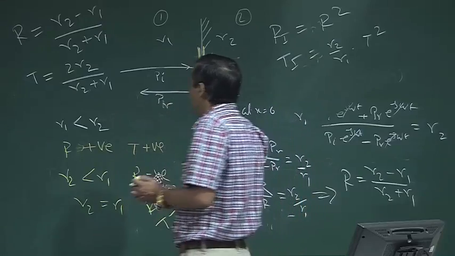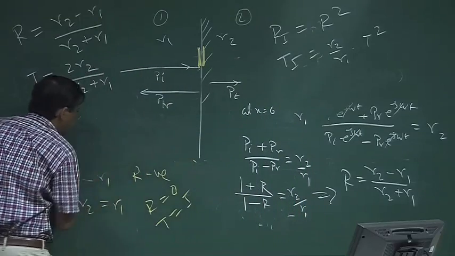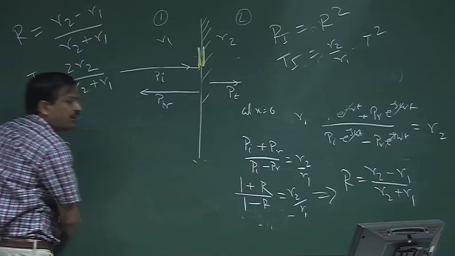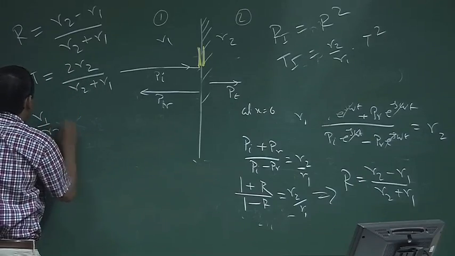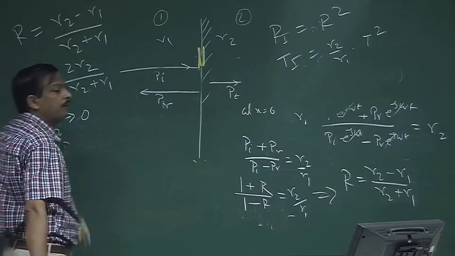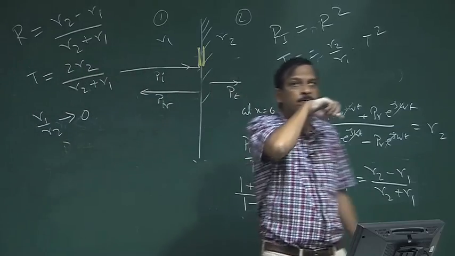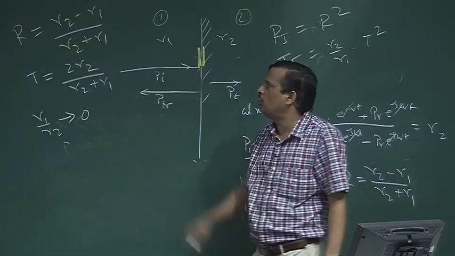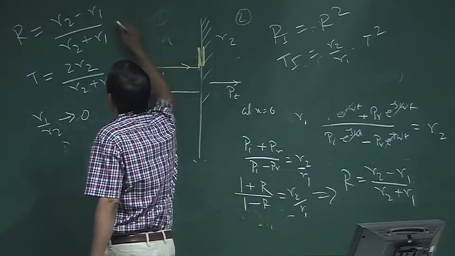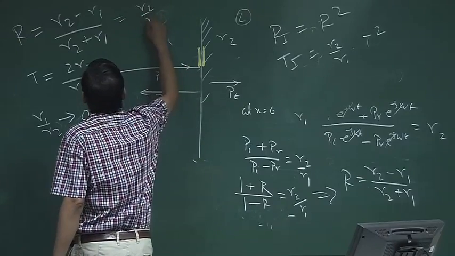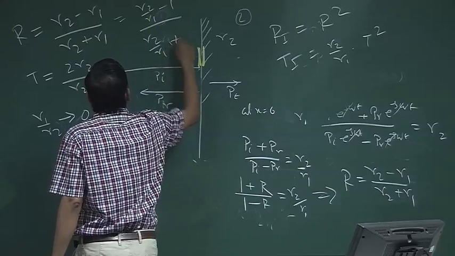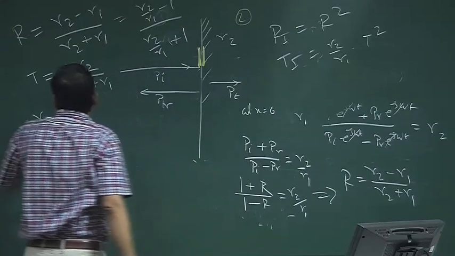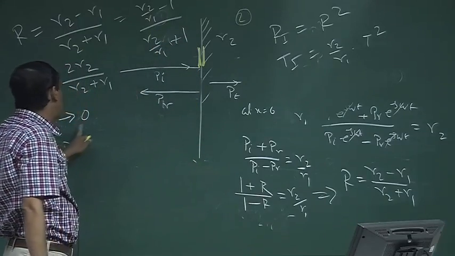Okay. Now what are the implications of this phenomenon? If I consider mathematically that R1 by R2 tends to 0, what will happen? I can write this as R2 by R1 minus 1 divided by R2 by R1 plus 1. Okay. R1 by R2 tends to 0.